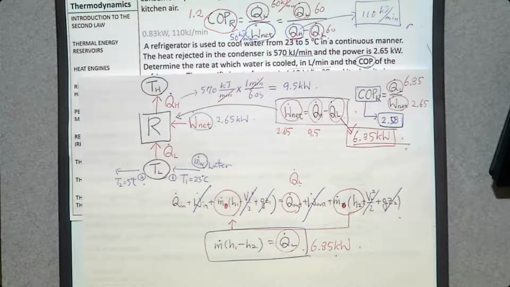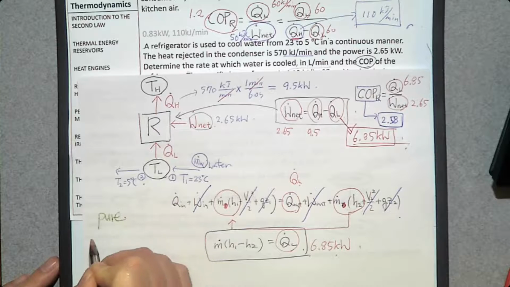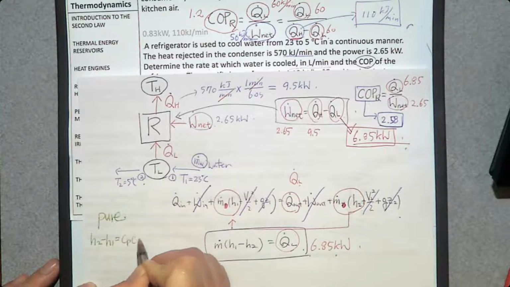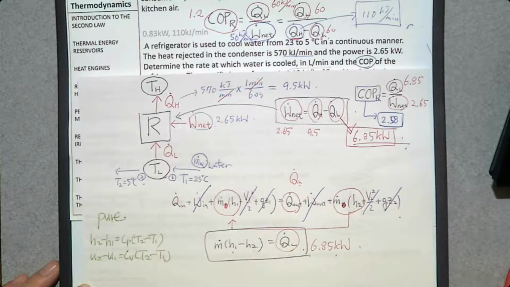Specific heat, right? Just for your information, when you have a pure liquid, h2 minus h1 is Cp(T2 minus T1), and u2 minus u1 is Cv(T2 minus T1). We have h1 minus h2, it's going to be what? Cp(T1 minus T2). M dot times that is Q dot L.